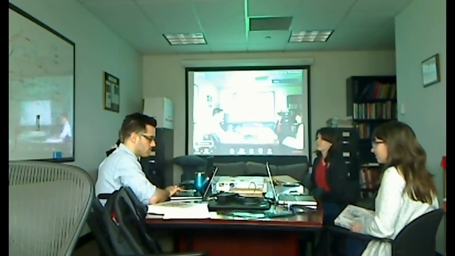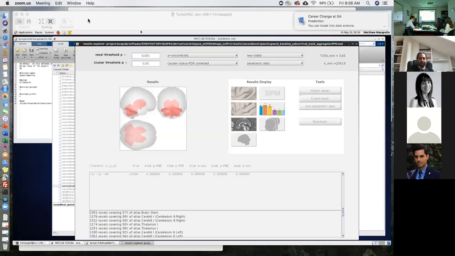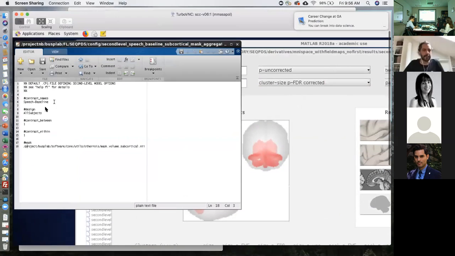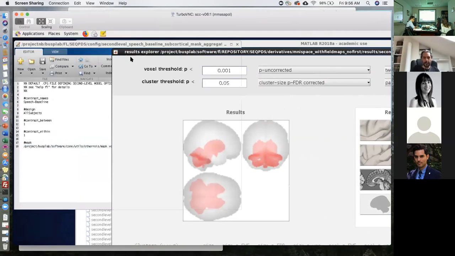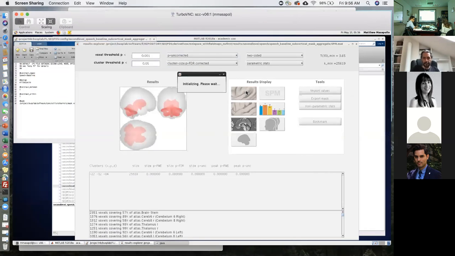Should I go ahead? Yeah, I think we're ready to look at the loss stuff. Okay. So I reran the speech minus baseline contrast with the updated mask, and it doesn't look very different to my eye anyway.